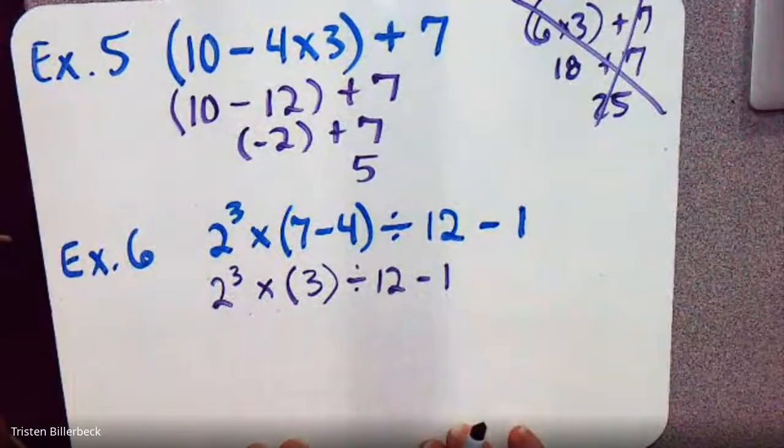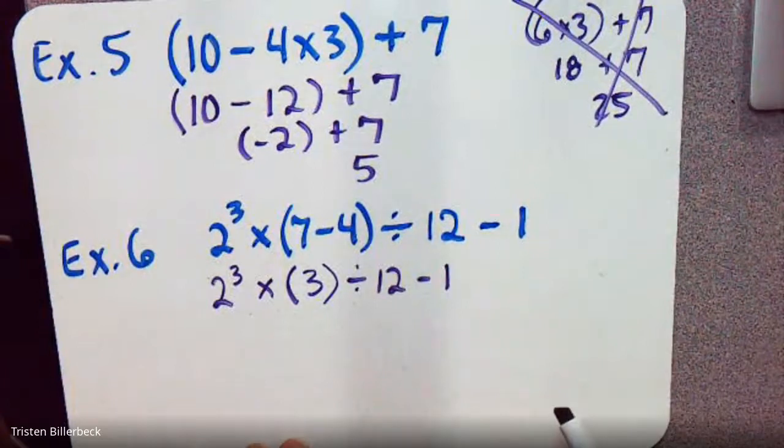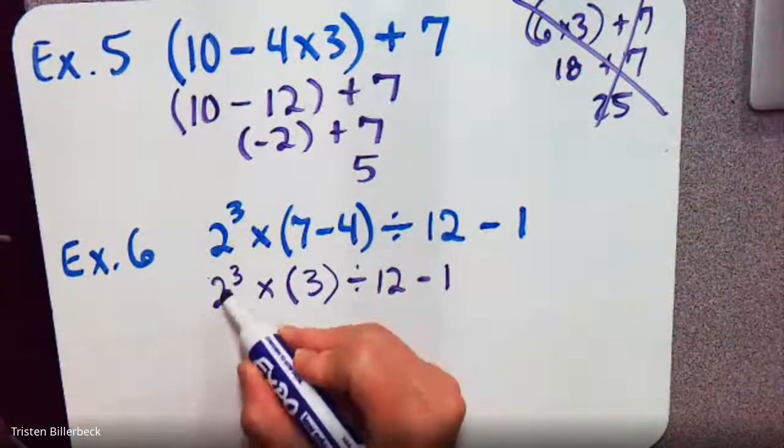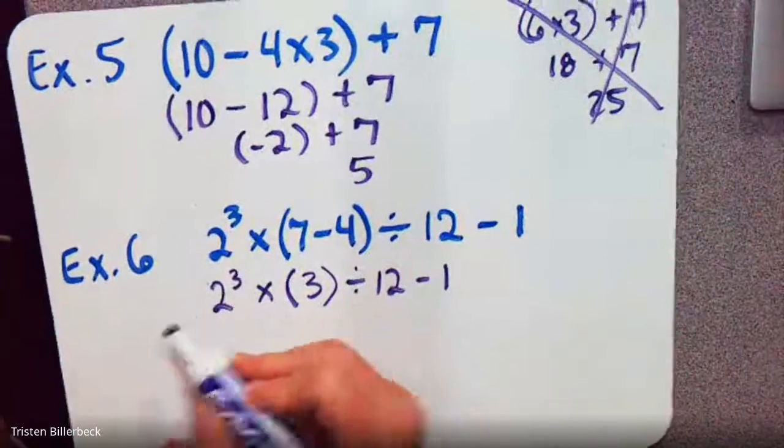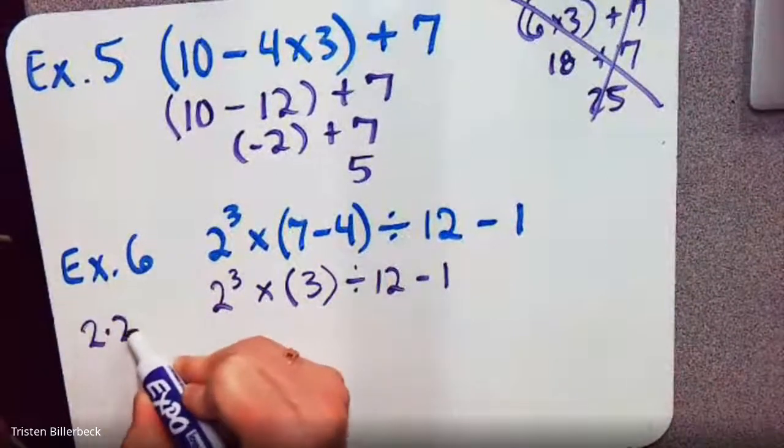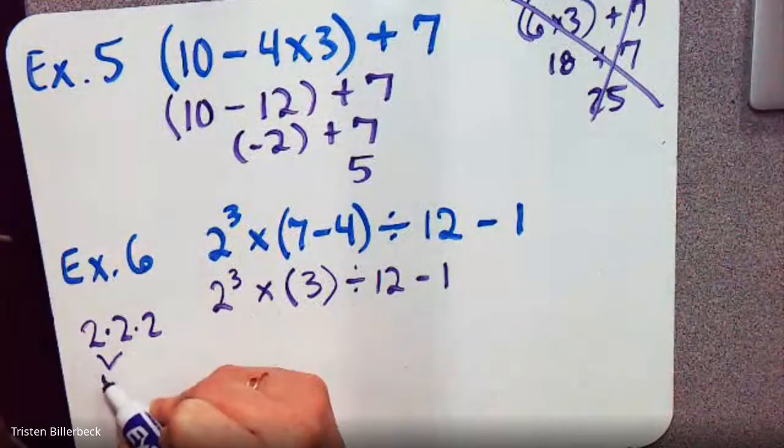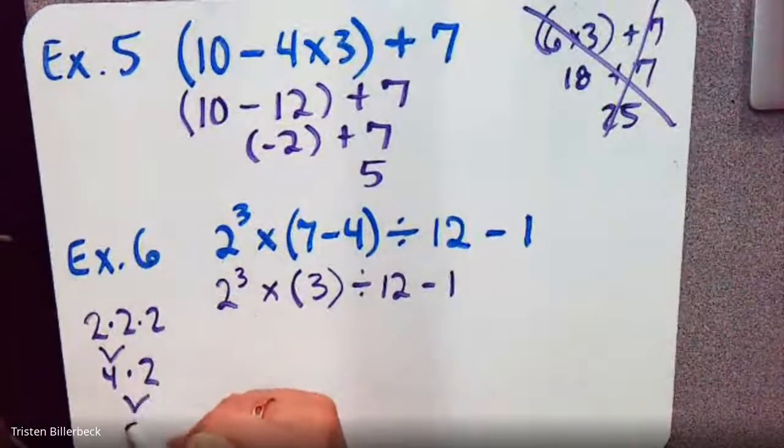The next thing we do is exponents. So PEMDAS: parentheses, exponents, multiplication and division are equal, addition and subtraction are equal. So 2 cubed is the same thing as 2 times 2 times 2, which is 4 times 2, which is 8.